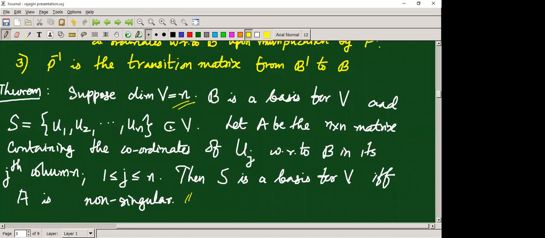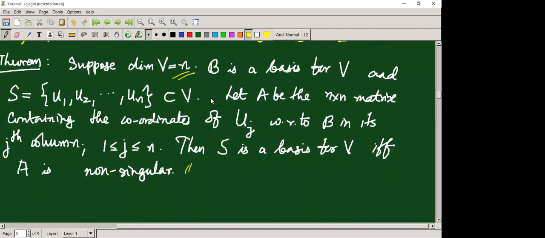It is an important result: if you are given any subset of V containing n elements and a basis, how can you verify that these vectors constitute a basis for V? You take uj, write its coordinate matrix with respect to B, and form a matrix such that the coordinate matrix of uj lies in the jth column. Then if that matrix is non-singular, S is a basis for V.